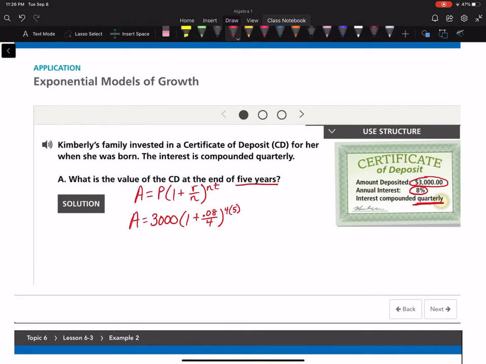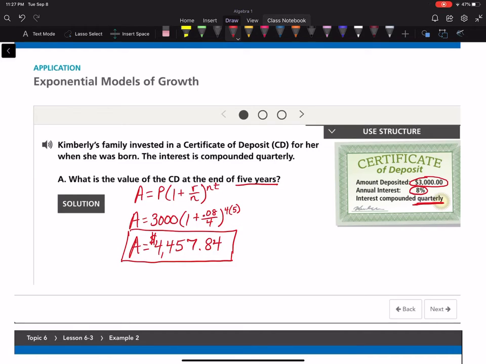Put all that in your calculator at once, and you will get your final answer, which is $4,457.84. And again, that's just putting everything in your calculator. There's nothing hard about it. It's just making sure you plug in all the right numbers.